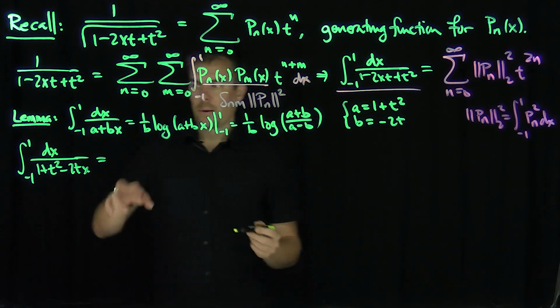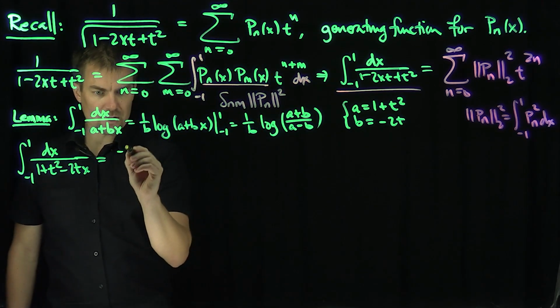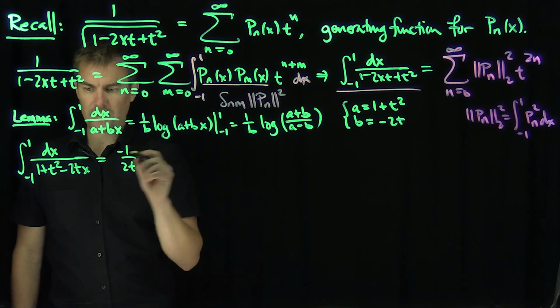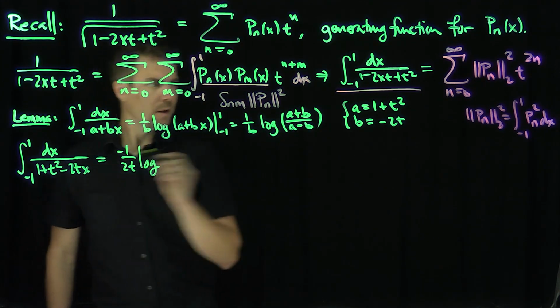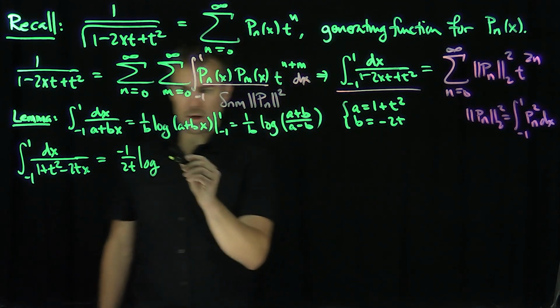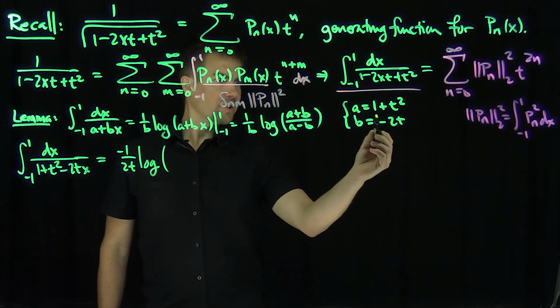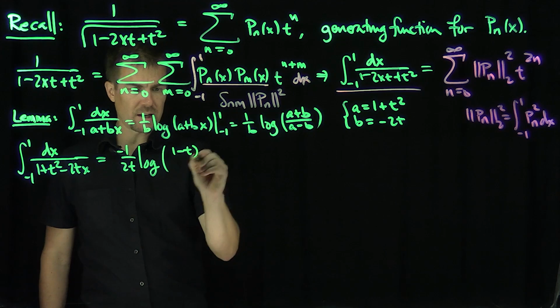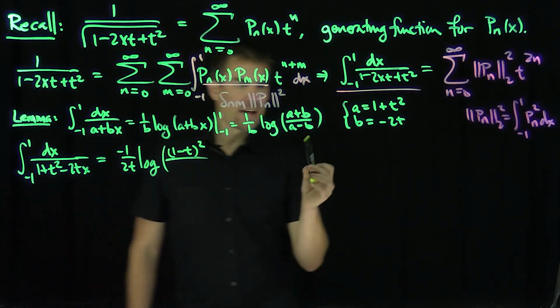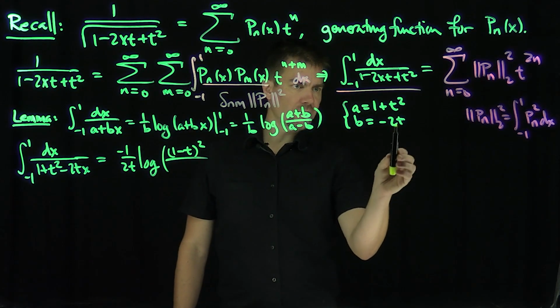Is going to be 1 over b, which is -1 over 2t, so 1 over 2t with a negative sign like that. And then the log, and of course these are natural logs, right, of a plus b, so that's going to be 1 minus 2t plus t squared. That's exactly 1 minus t quantity squared. And if I do a minus b, that's going to be 1 plus 2t plus t squared.